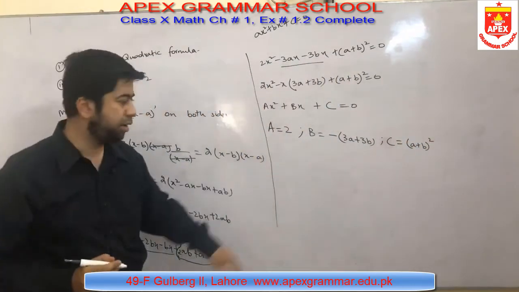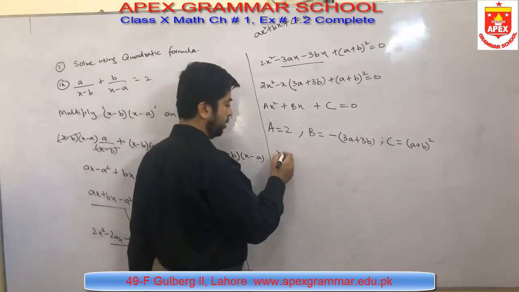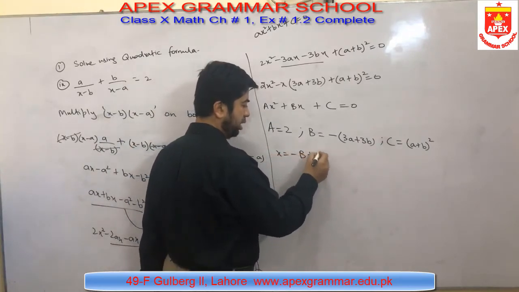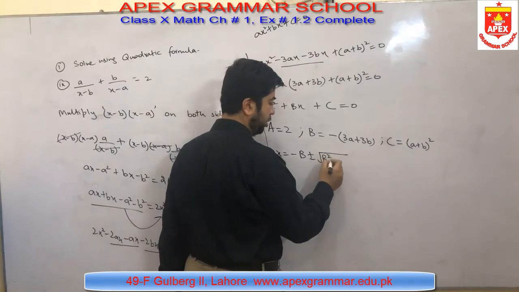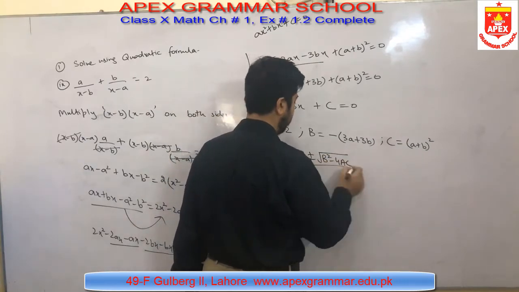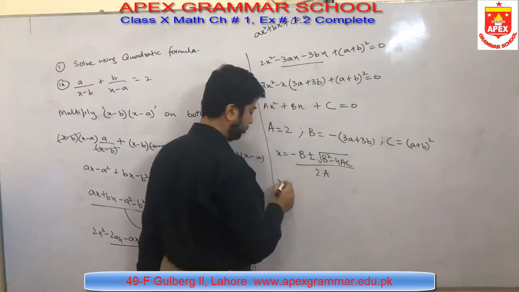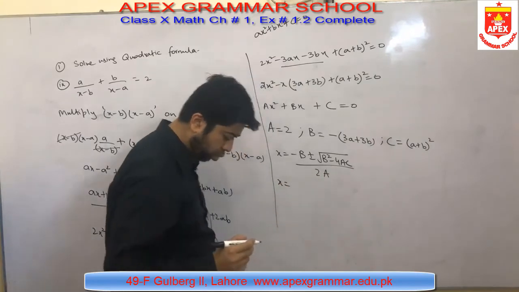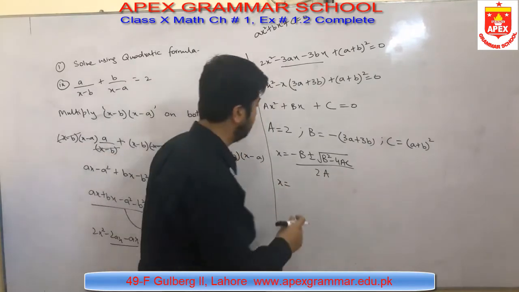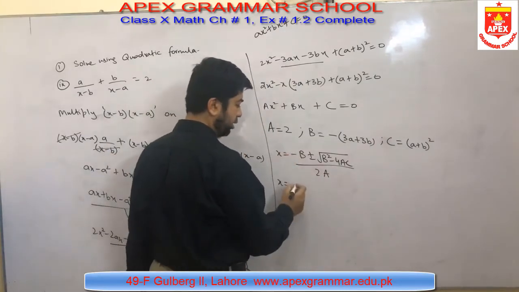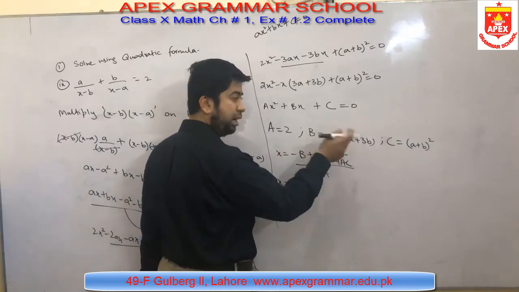Now apply the quadratic formula. Minus b plus minus under root b square minus 4ac divided by 2a. Just put in all the values of a, b and c. This is minus, and this b value contains another minus.